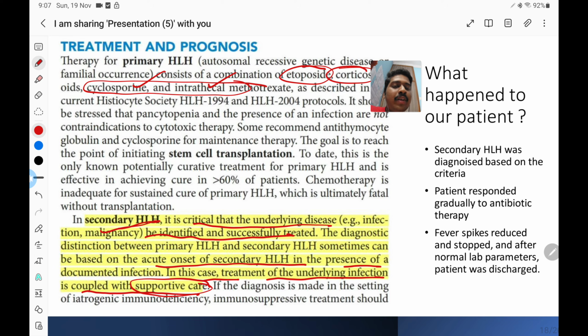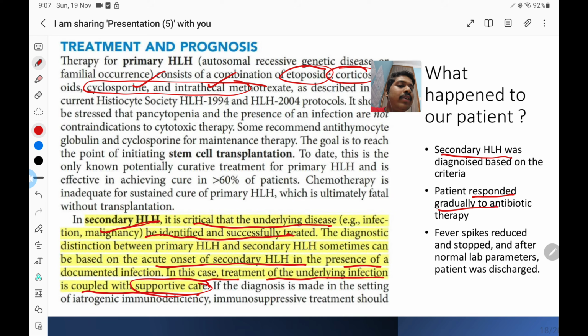Getting my point? So what we did was we continued our therapy with antibiotics for enteric fever, and we saw if the patient was going to improve with that. If the patient was not improving or was worsening, then we had to add steroids, and this steroid will be for a long duration, like for 8 weeks, and there is a protocol for that, and we'll be discussing it in our future videos.